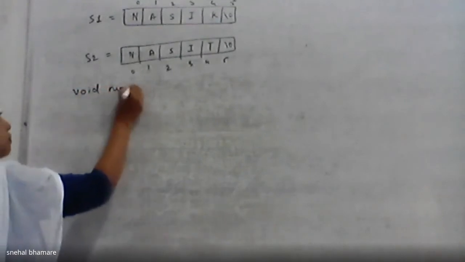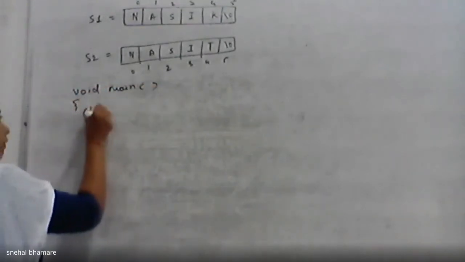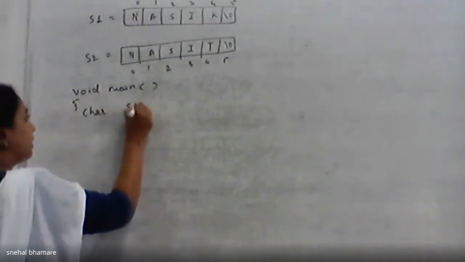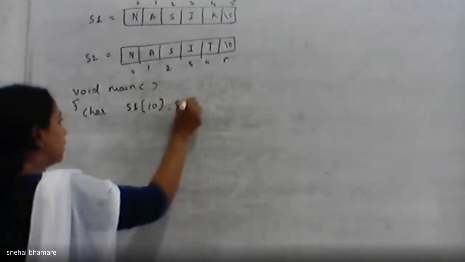So first of all, in main, we will require two character arrays, S1 and S2.